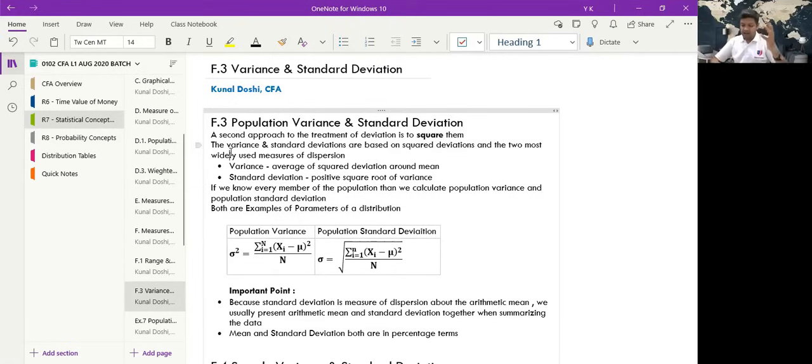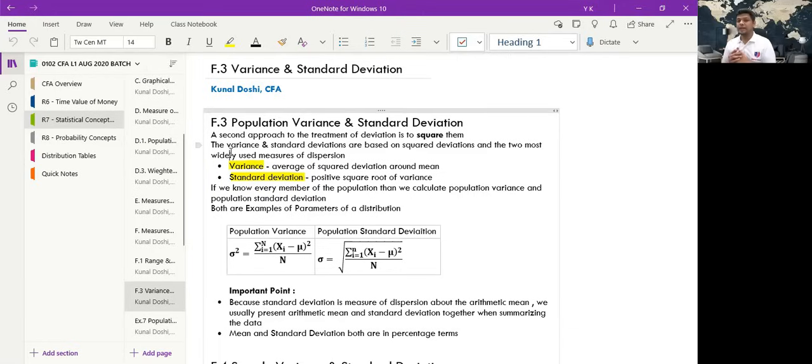In practical life, whenever we say risk in finance, it is always standard deviation by default. But remember, standard deviation comes from variance. So you first calculate the variance, then do the square root of it, and then you get the standard deviation. Everyone, correct?